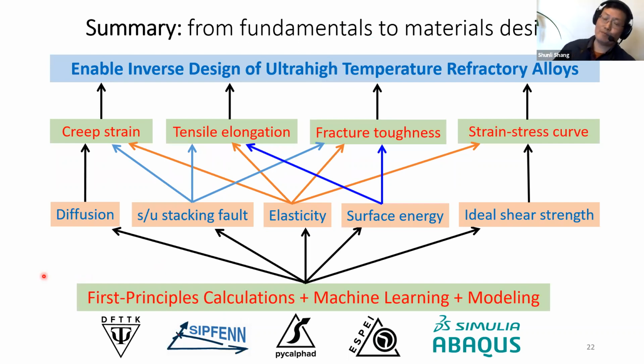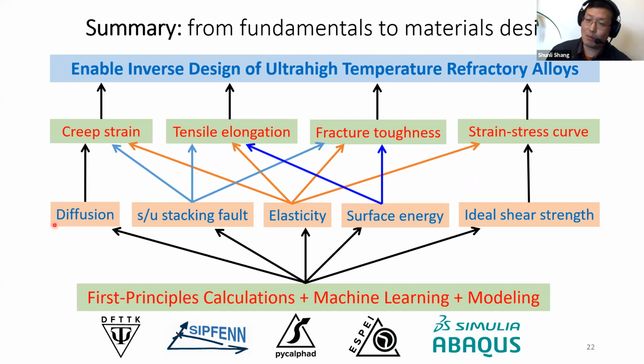Here is a summary. Our target is the inverse design of these refractory alloys. There are four properties we are concerned about: creep, tensile elongation, fracture toughness, and the stress-strain curve.